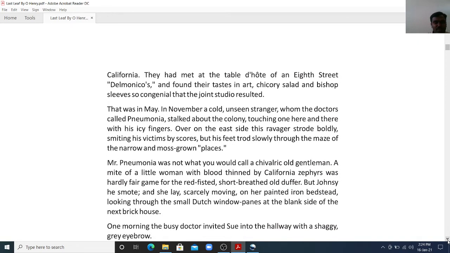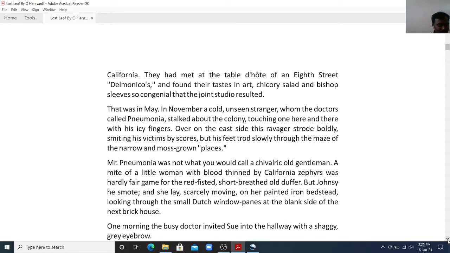Mr. Pneumonia was not what you would call a chivalric old gentleman. So this man, Mr. Pneumonia, is not a person with gentle behavior or a good heart. A mite of a little woman with blood thinned by California zephyrs.